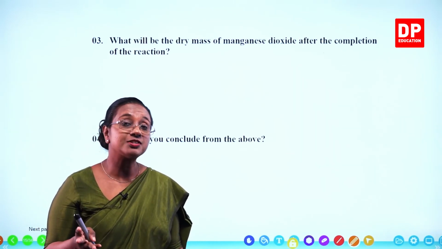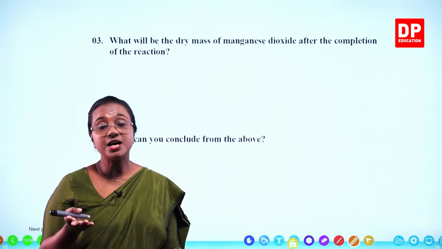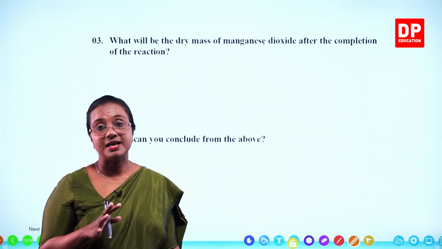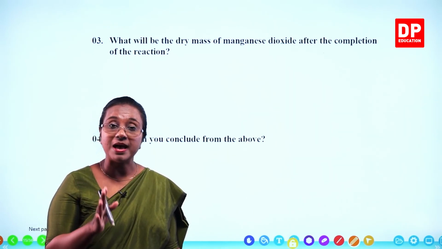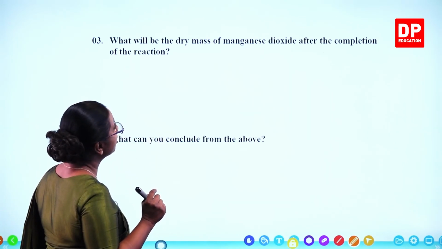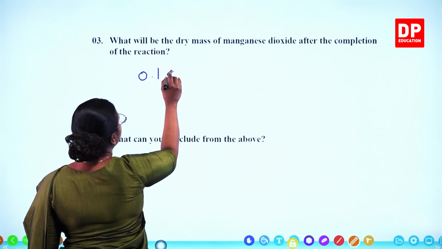So, once the reaction is complete, you filter the solution, you get the manganese dioxide, you have to dry it, and then when you measure the mass, it will have the same mass as before. So, what will be the dry mass of manganese dioxide after the completion of the reaction? 0.1 gram.